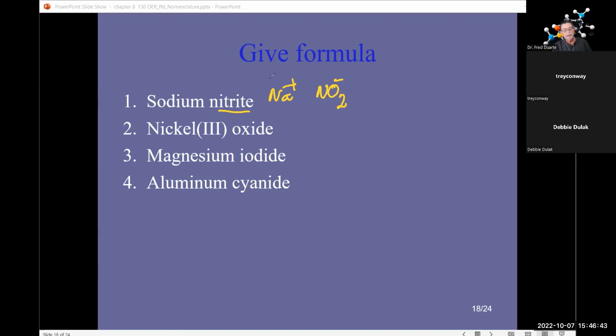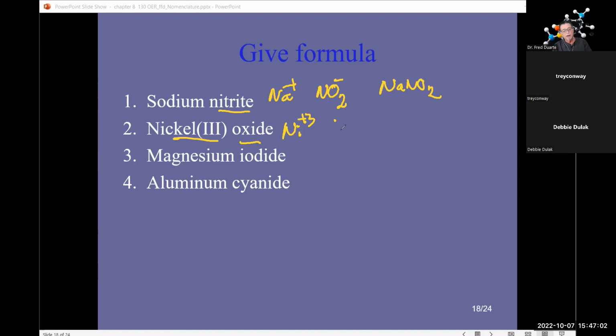So I can combine them together 1 to 1. So the formula is NaNO2, sodium nitrite.